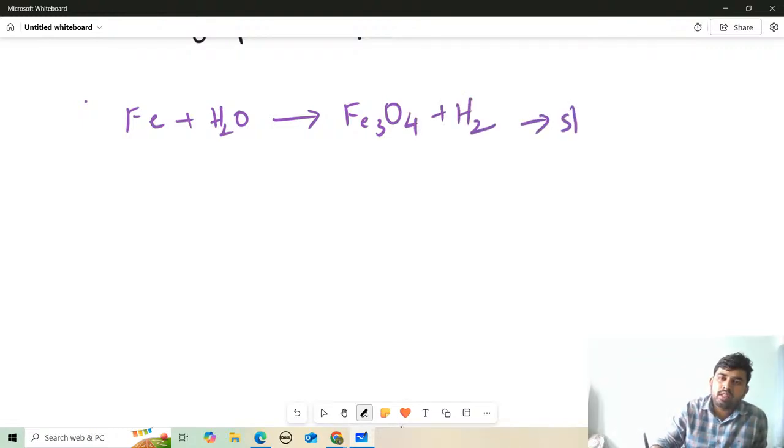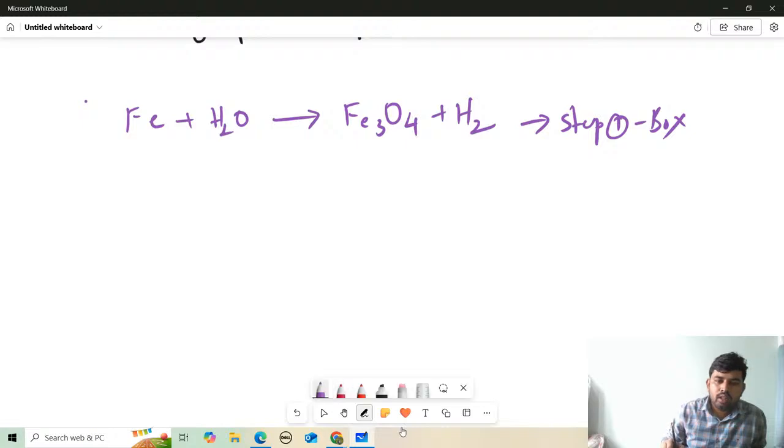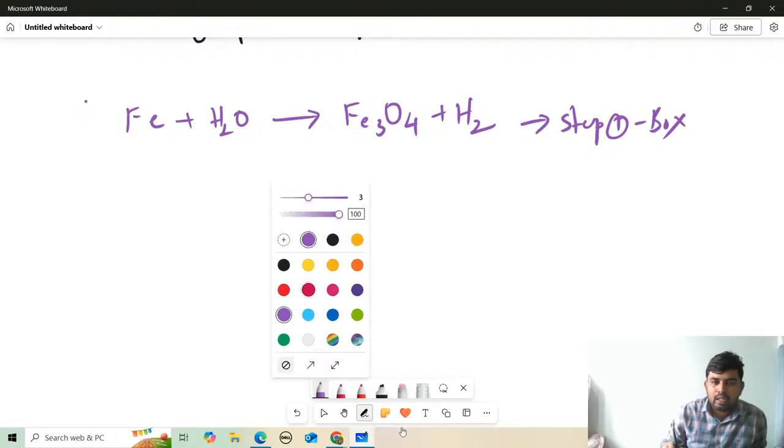The first step is to write boxes. Where should we write boxes, sir? We should write boxes around all the reactants and products. This is iron, I'm writing a box here.